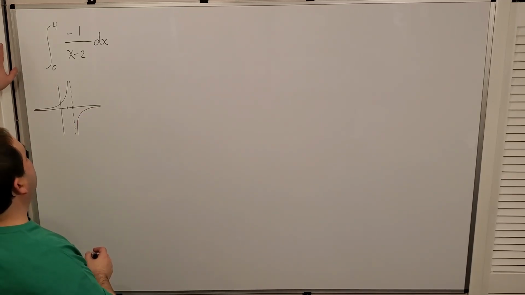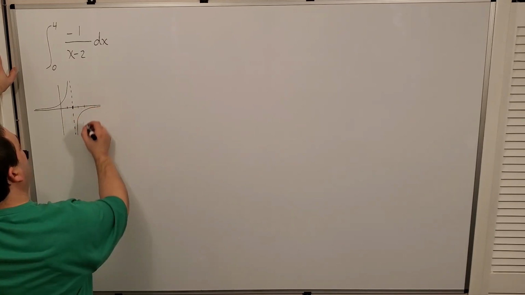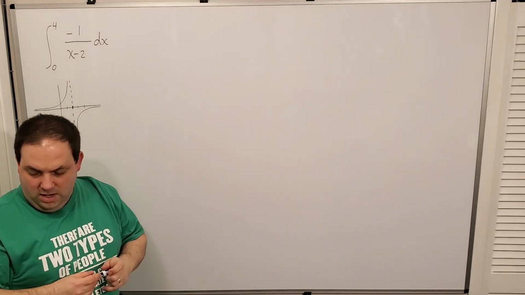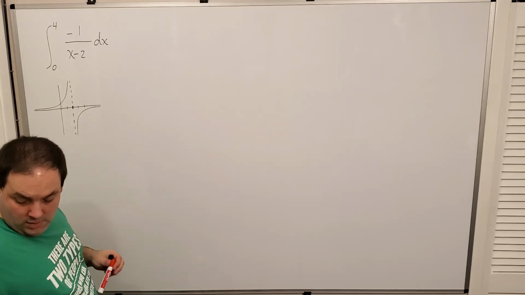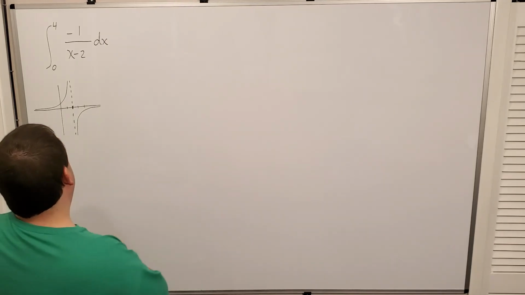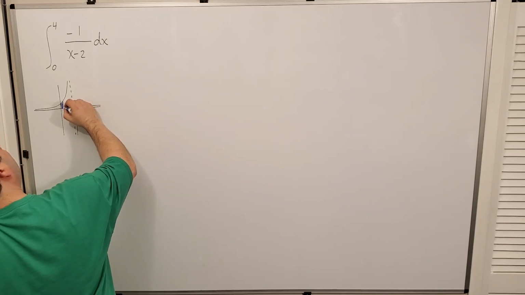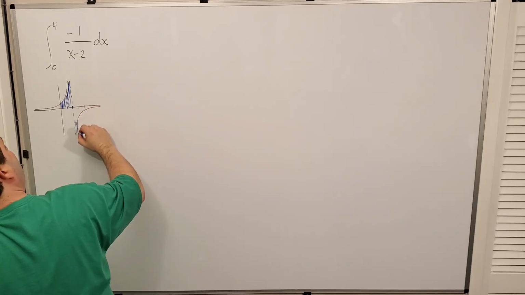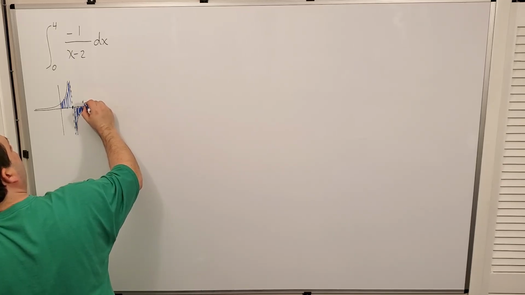So if I'm going from 0 to 4, right, if this is 2 right here, here's 3, here's 4, that means I'm trying to look for the area, if you want to think of it in terms of area, starting at 0 here and encompassing the region that has this asymptote in it up to right here at 4.